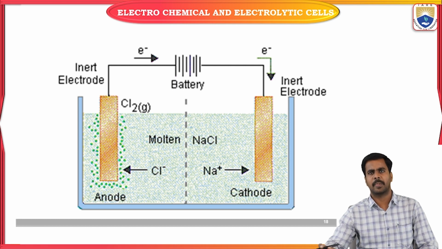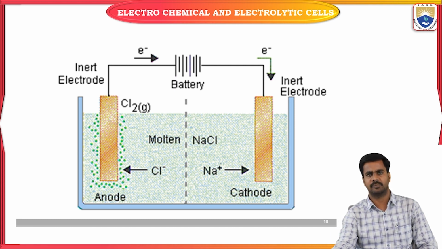Next, coming to the electrolytic cell. We already discussed the difference between the electrochemical cell and the electrolytic cell. In an electrochemical cell, chemical energy is converted into electrical energy, whereas in an electrolytic cell, electrical energy is converted into chemical energy.